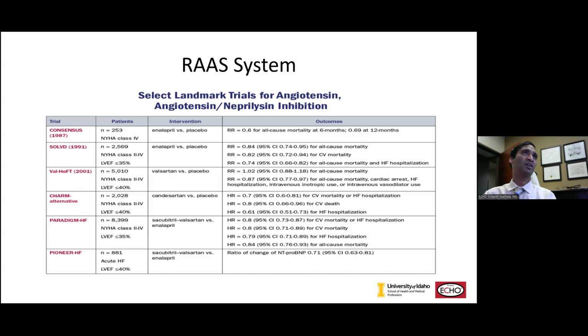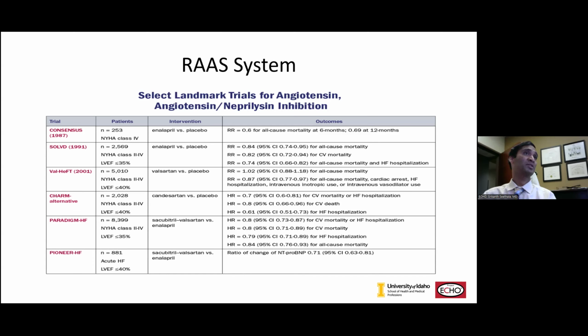Initially, in the clinical trials for all-cause mortality, the relative risk reduction of enalapril versus placebo is 0.6, and enalapril versus placebo in the SOLVD trial is around 0.7 for all-cause mortality and heart failure hospitalization, and all-cause mortality is around 0.84.